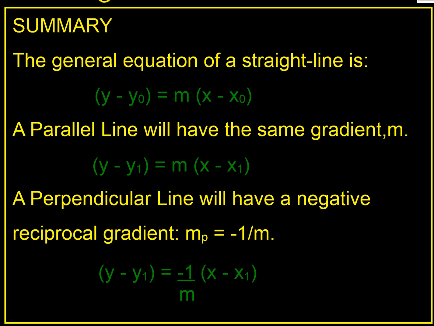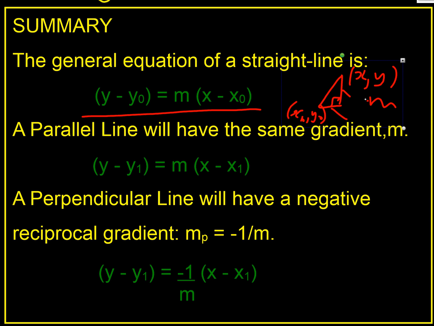Okay, let's have a look at our generalized form. There's the general form I'm recommending, and this is all based on this little gradient triangle: if this point is x, y, and that point is x0, y0, then the side lengths are always going to be in the ratio m.